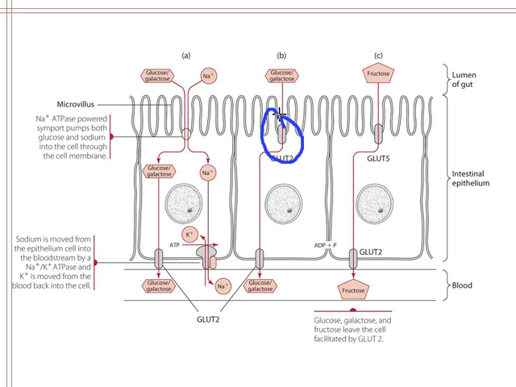And each of those, we'll look at them in a little more detail, but each of them are specific for particular substrates and are more active in certain cells in the body. So here, looking at GLUT2, transporting glucose and or galactose could be used for either, and the GLUT5, which is specific to fructose. So a little bit different transport carrier for the fructose. And we'll again look at that in a little more detail in just a moment.